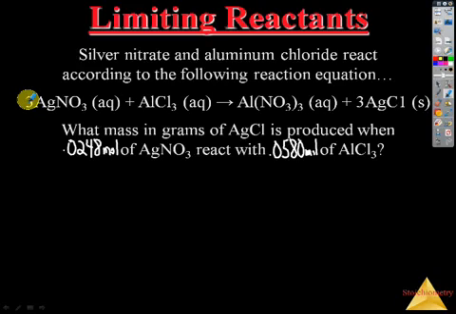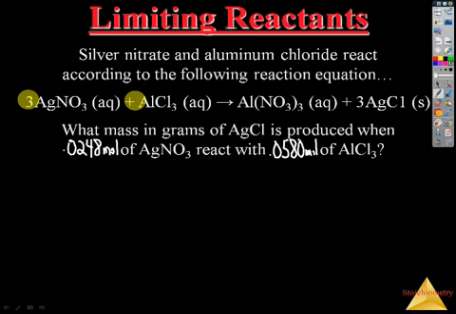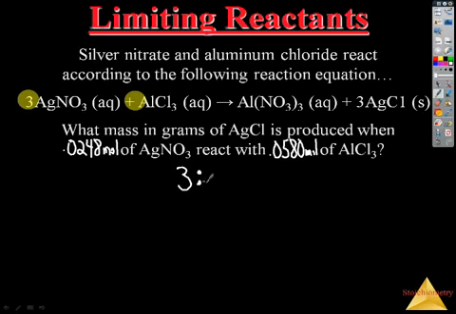We have 3 silver nitrates, and we have 1 aluminum chloride. The ratio here turns out to be 3 to 1.